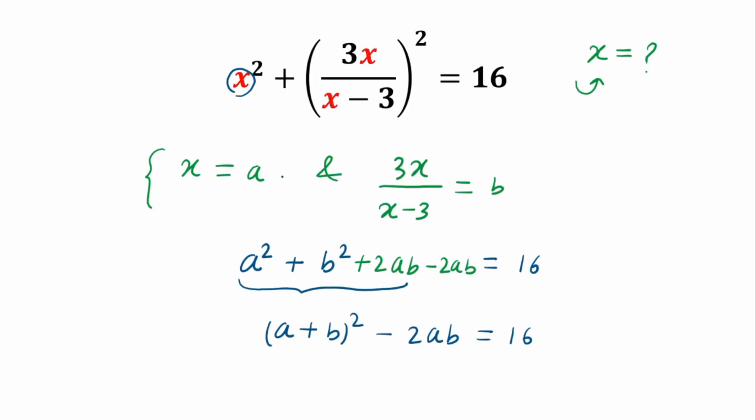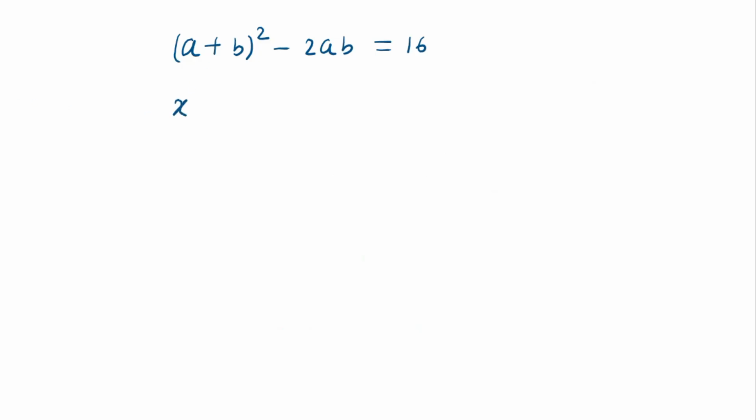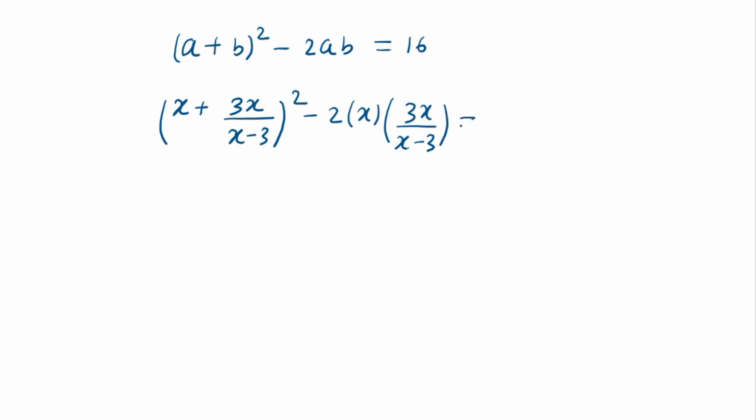Now the value of a is x and the value of b is 3x/(x−3). This a is replaced by x and b is replaced by 3x/(x−3), all to the power 2, minus 2 times a, replaced by x, and b, replaced by 3x/(x−3), and this is equal to 16.